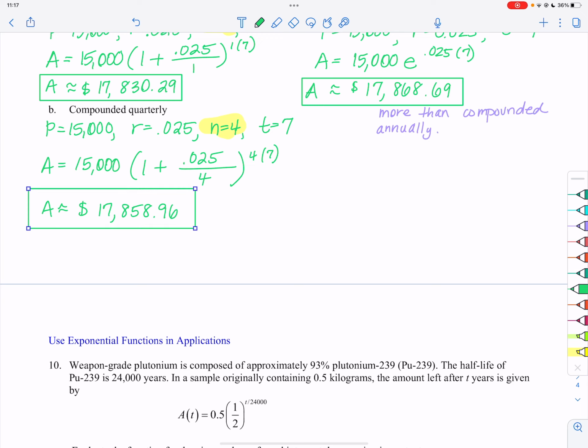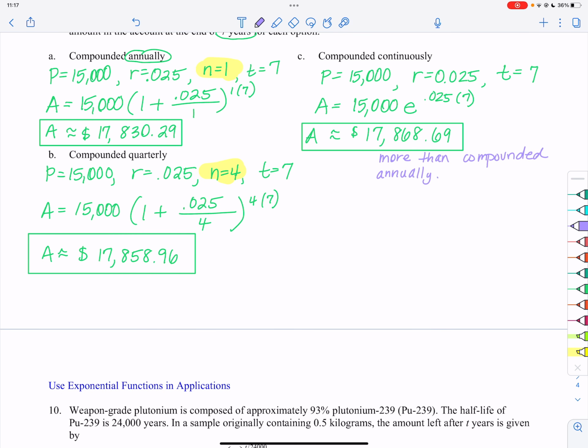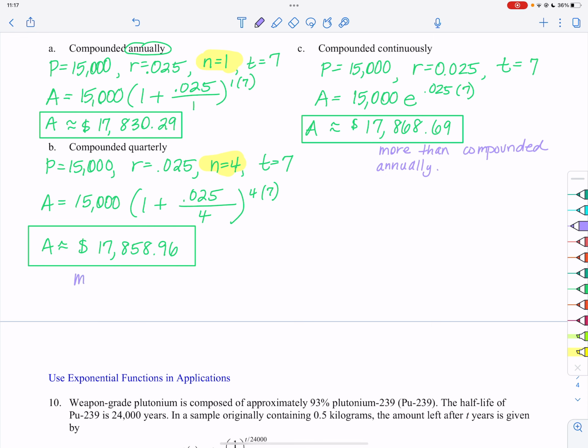So it's not quite as much as compounded continuously, but it is more than compounded annually. And what can we write over here? And more than compounded quarterly.